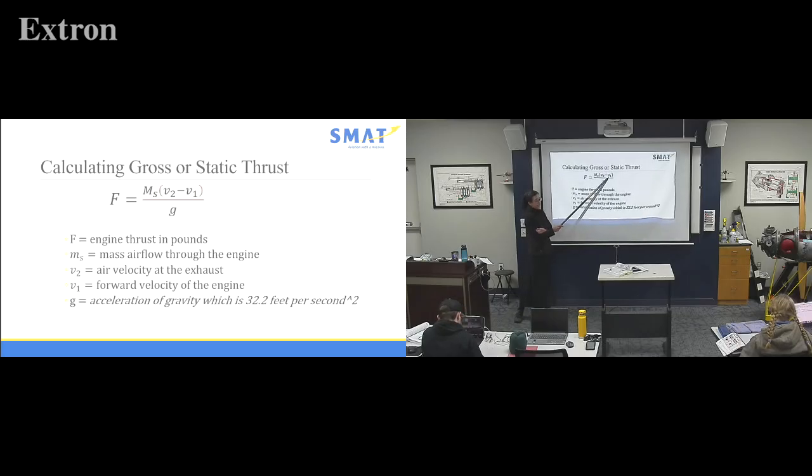So mathematically, if we start moving forward, increasing airspeed, what is going to happen to our overall thrust? Go up or down? Mathematically, theoretically, it's going to go down. As this number gets bigger, our thrust actually goes down.